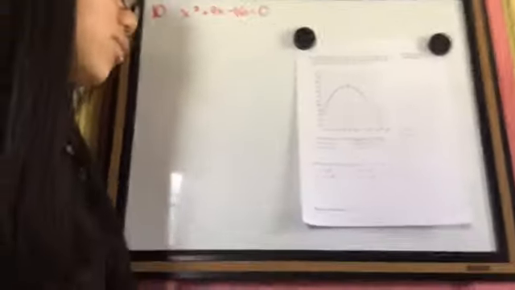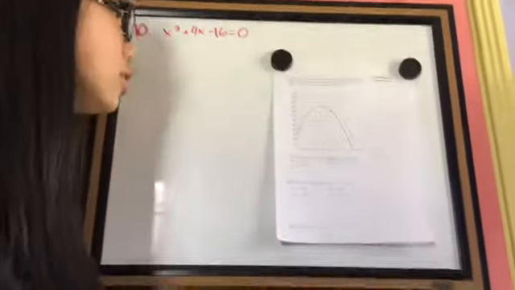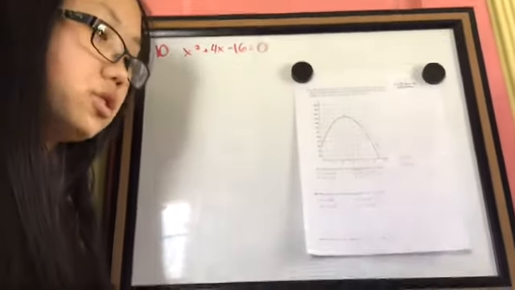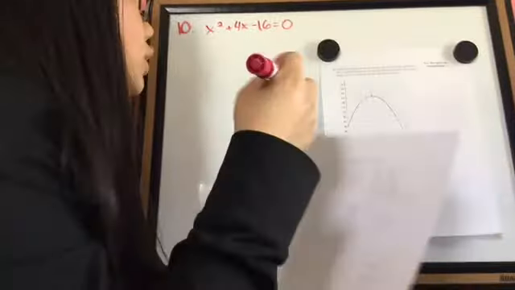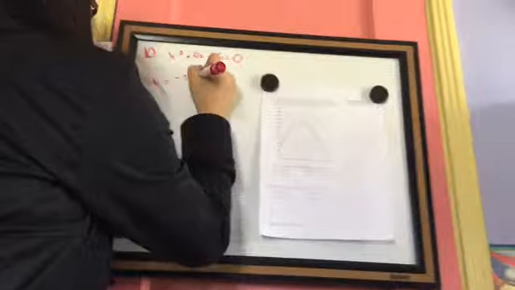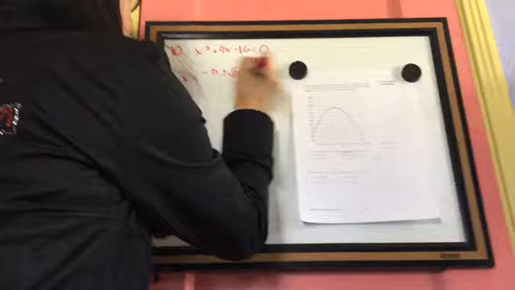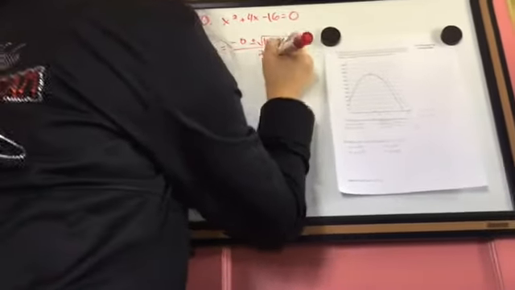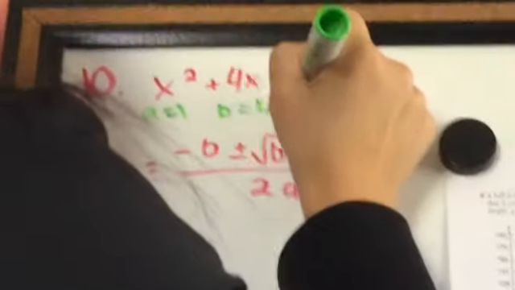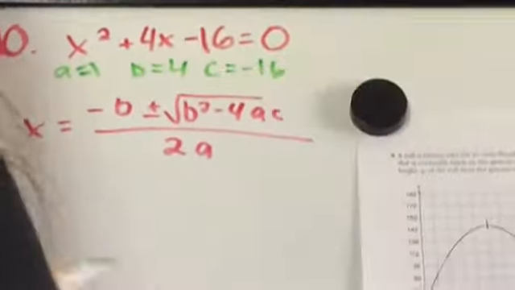Number 10 asks, what are the roots of this equation here? To find the roots, we can use the quadratic formula, which is x equals negative b plus or minus the square root of b squared minus 4ac, all over 2a. We know that this right here is a, so a equals 1, b equals 4, and c equals negative 16.